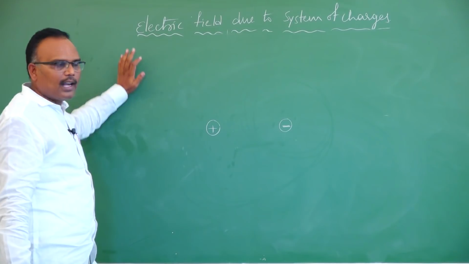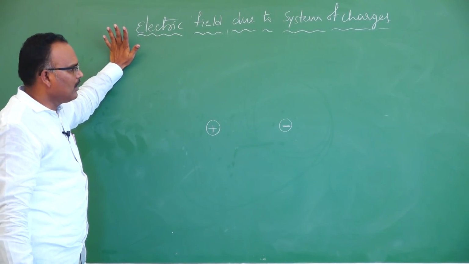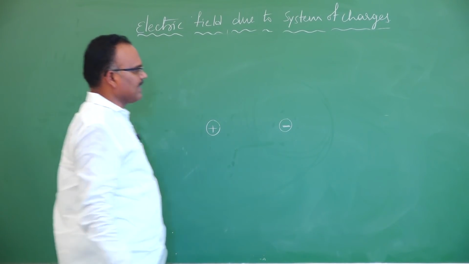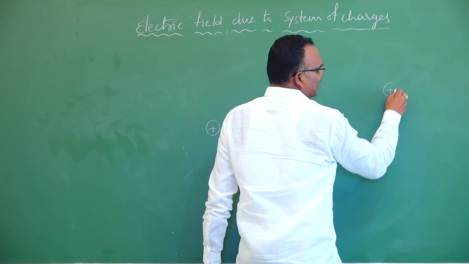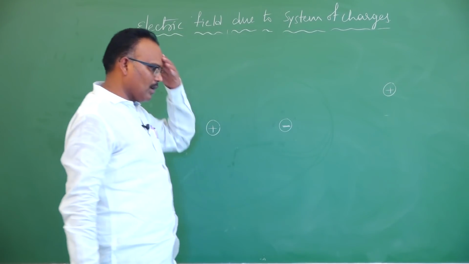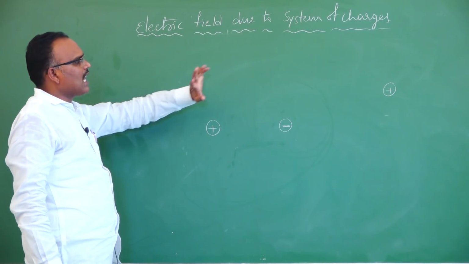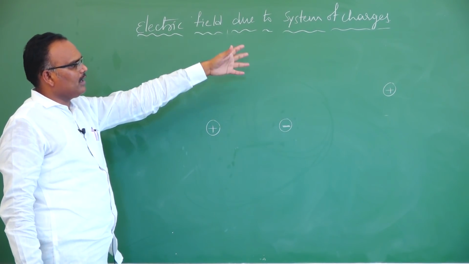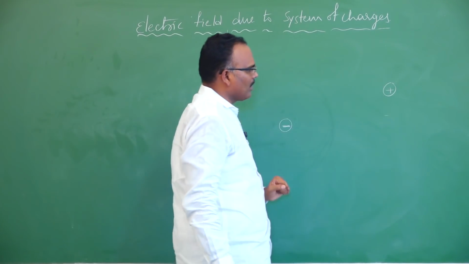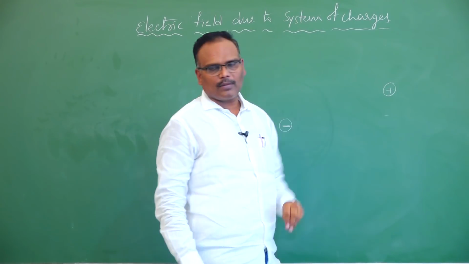For example, if you have only one charge, with no other charges existing around it, it produces one field.